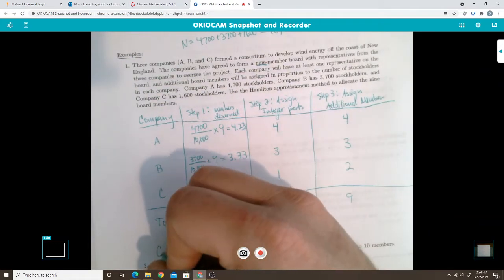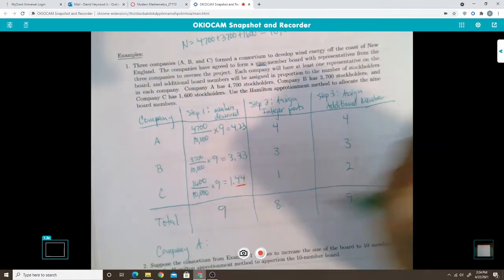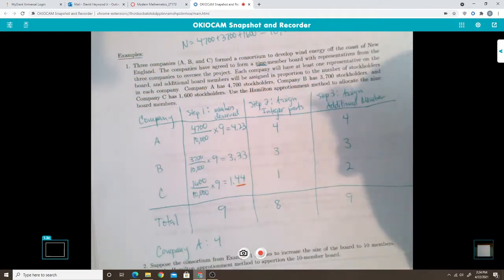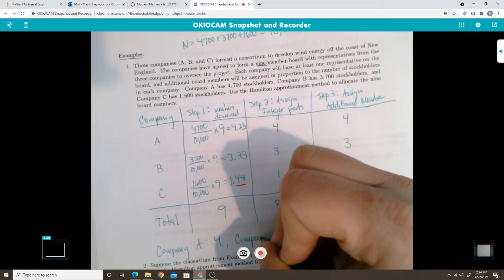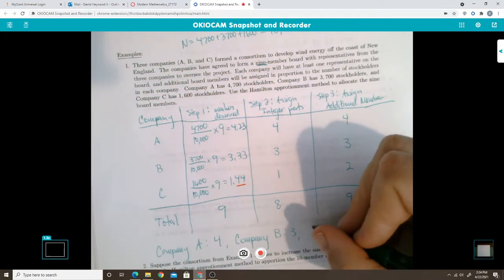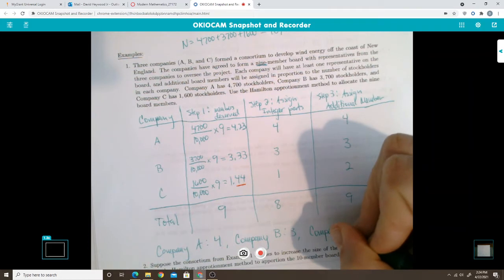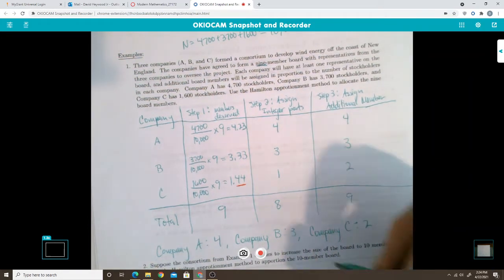So we'll say Company A gets 4 representatives, Company B gets 3 representatives, and Company C gets 2 representatives.